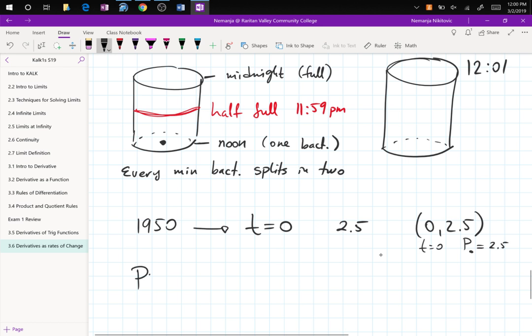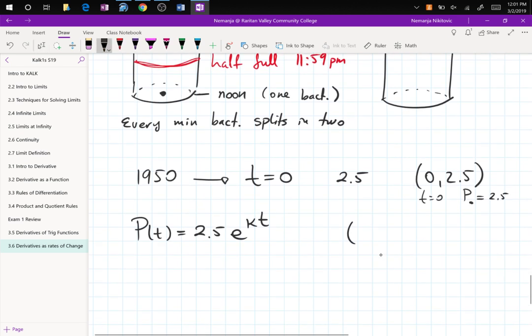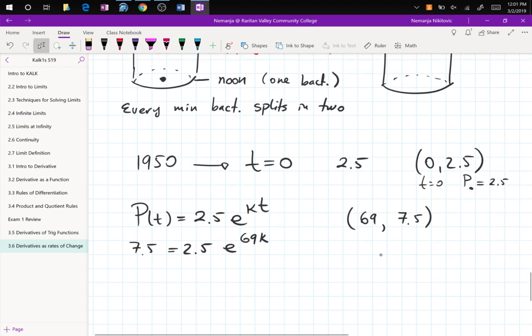So we immediately have that P of t is equal to 2.5 e to the kt as exponential model. And now we're going to use the second point, which is 69 and 7.5. So now you plug in 7.5 here, you have your 2.5 here, and you have e to the 69k. t is 69, which is the time. We can round to 70, but it's whatever.